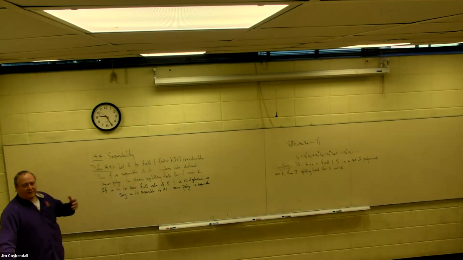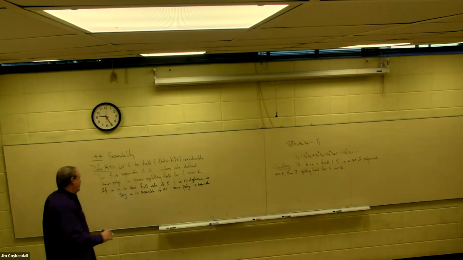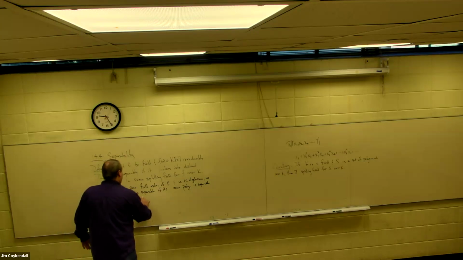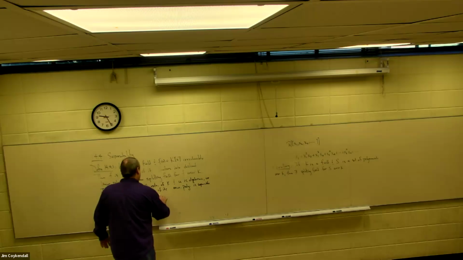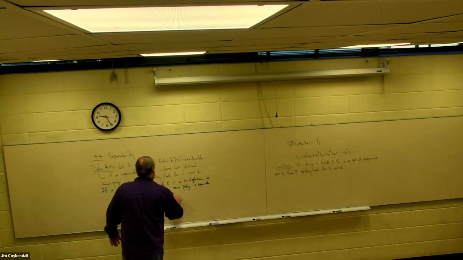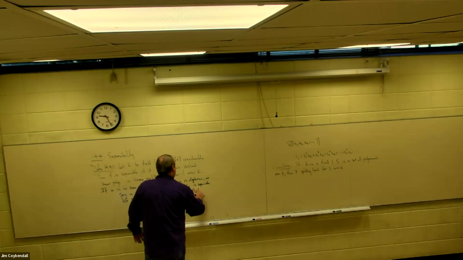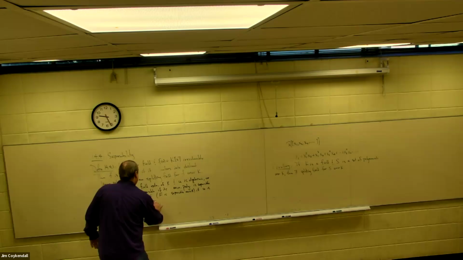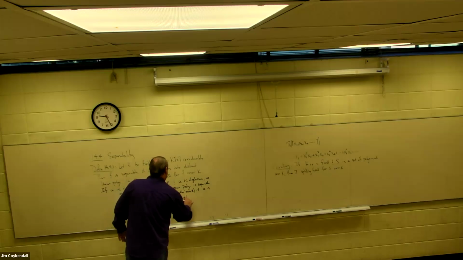So take some element in a field extension that's algebraic, it's got a minimal polynomial. If that minimal polynomial is separable, we say the element is separable. We say f is separable over K if u is separable over K for all roots u of f.